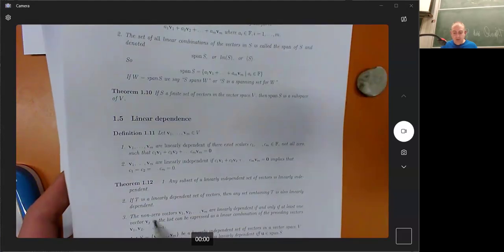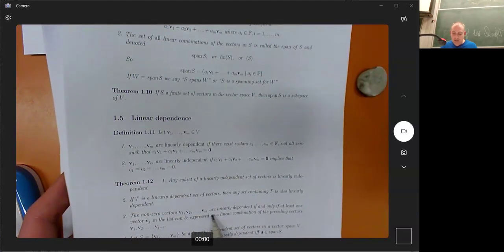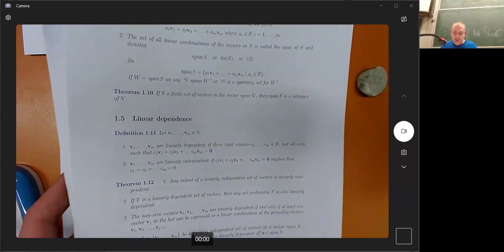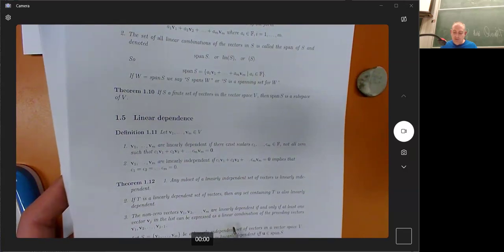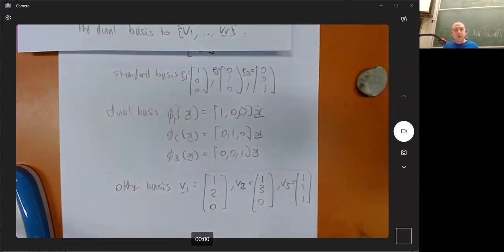There you go. The non-zero vectors V1 up to Vm are linearly independent if and only if no vector can be expressed as a linear combination of the preceding vectors, the ones before it in the list. So you don't have to do all possible linear combinations, because officially they're linearly independent when none of them is a linear combination of any of the others, but you actually only need each of them to not be a linear combination of the ones before it.